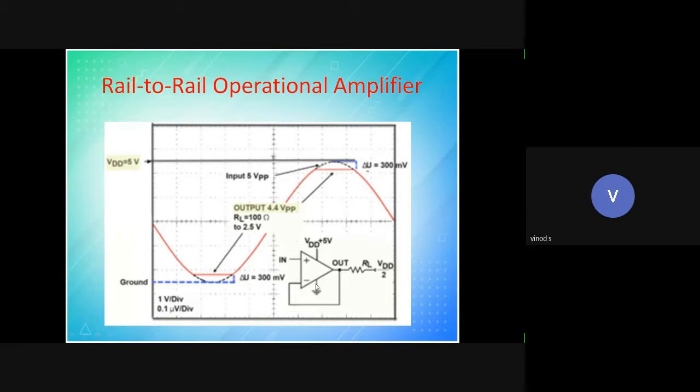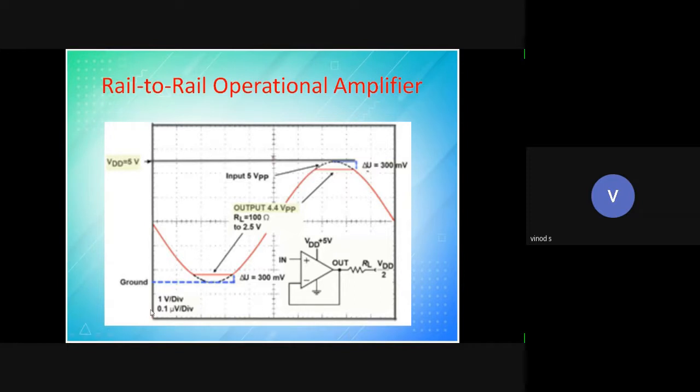Other than these three terminals, there are two more terminals. One is to provide negative and one is to provide positive. In the normal case, separate power supplies have to be given, but for an amplifier which has inbuilt rail to rail, just give 5 volts, that is more than sufficient. That will be divided not as 2.5, 2.5. Some cushion will be given and it will be taken as 2.2, 2.2.